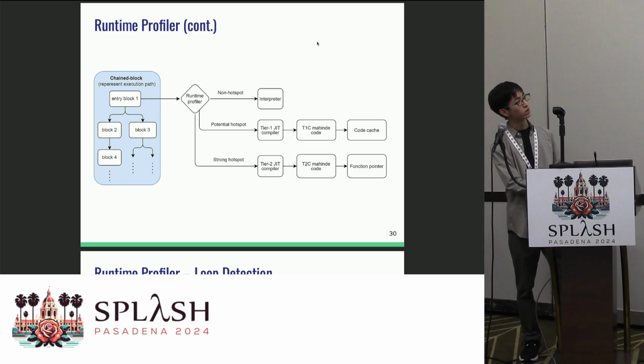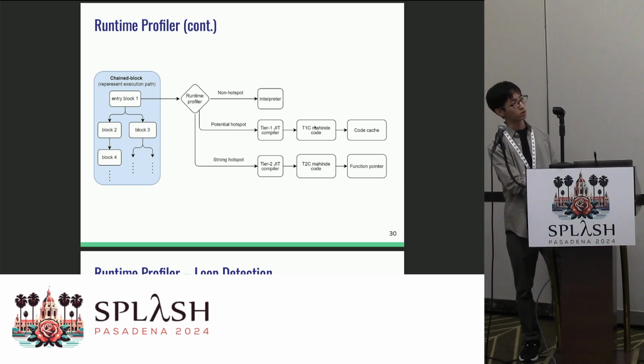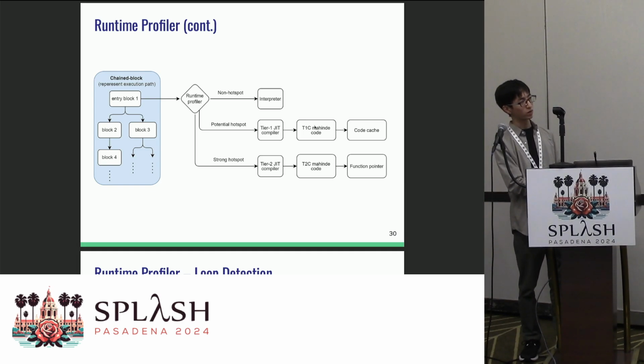If a hotspot is detected, it goes to the middle path and generates the target machine code, and the target machine code is invoked. When the execution count of the target machine code exceeds the threshold, it becomes the strong one and goes to the bottom path.